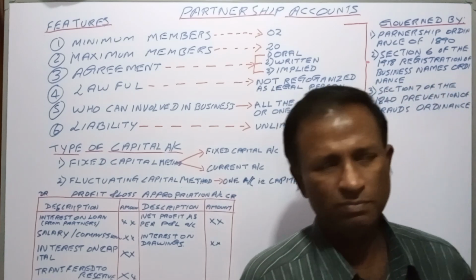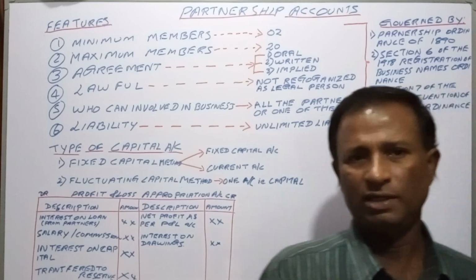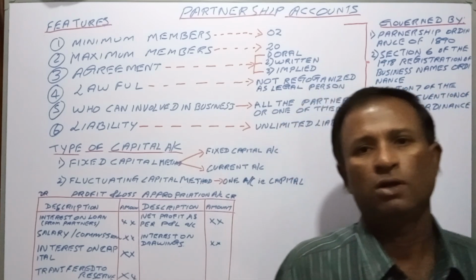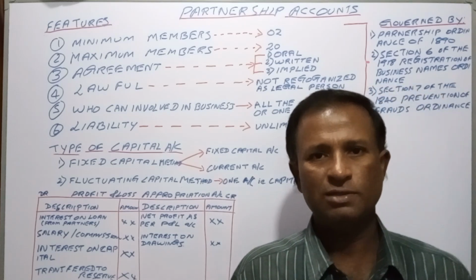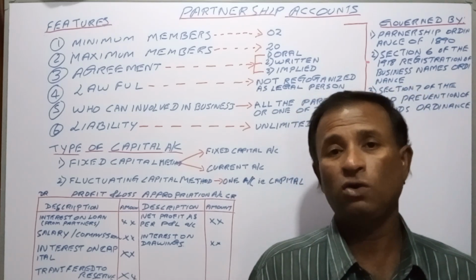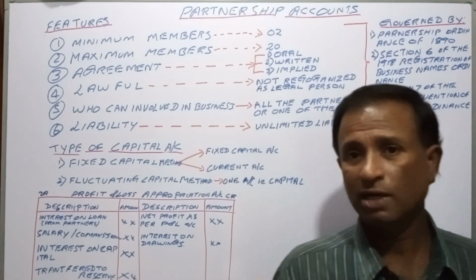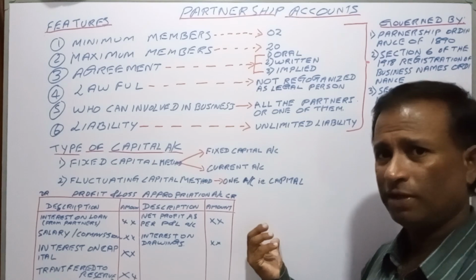In the partnership we used to have the partners' capital account, the current account, and the profit and loss appropriation account, that is the extra account we have here.